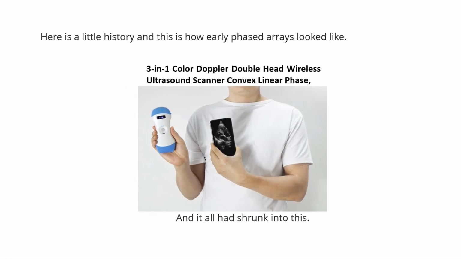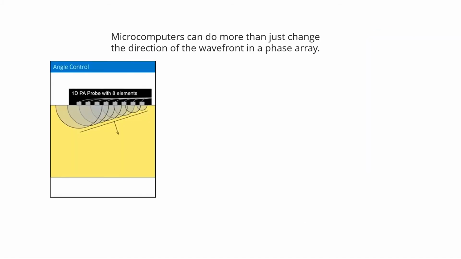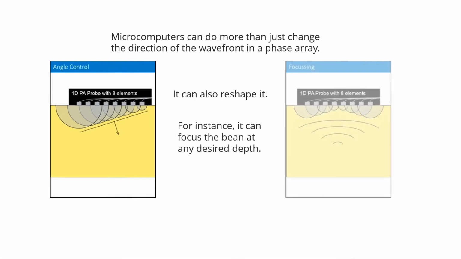It all has shrunk into this, and so has the price in the same proportion. Wow. Microcomputers can do more than just change the direction of the wavefront in a phased array. They can also reshape it. For instance, it can focus the beam at any desired depth.